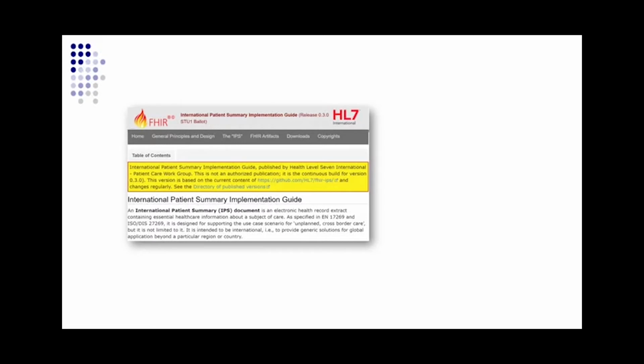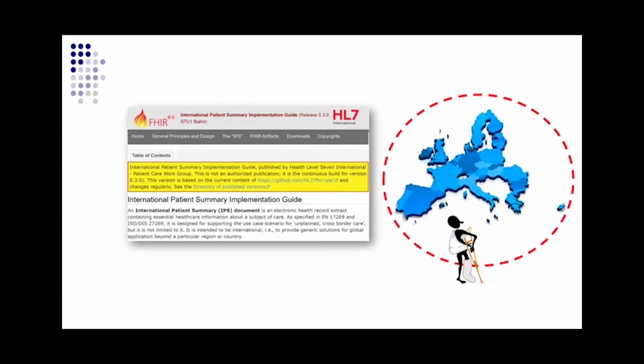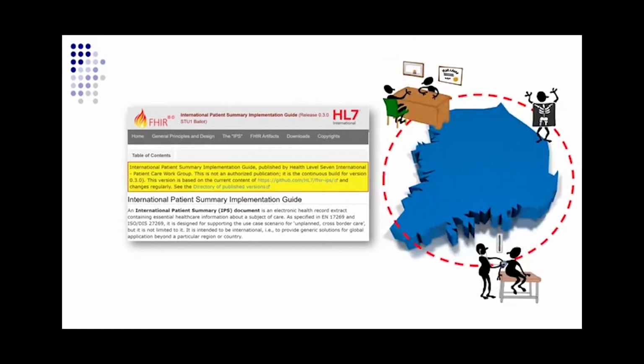The original work on the IPS was started by the European Standards Organization, CEN, to satisfy EU directives related to supporting unplanned cross-border care. The foundational CEN work has since been built upon by ISO, SNOMED, HL7, and IHE. The new IHE profile, for example, also supports planned care within a national care delivery network.